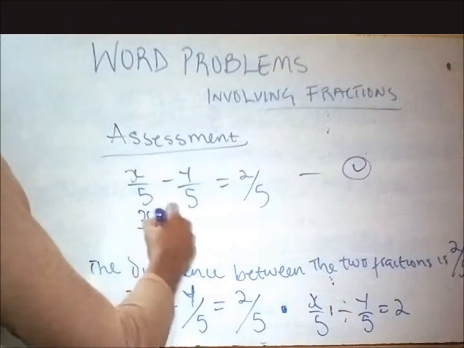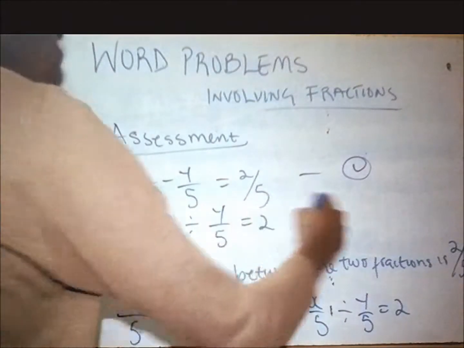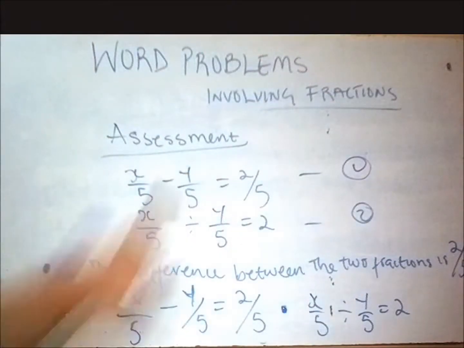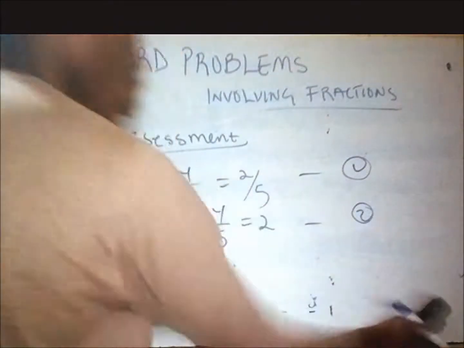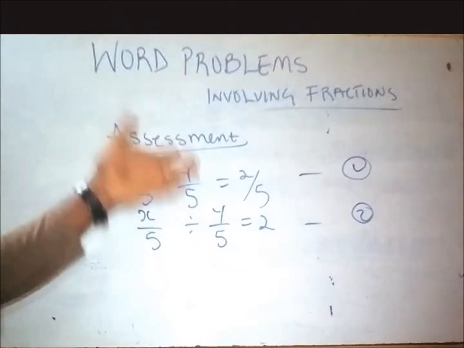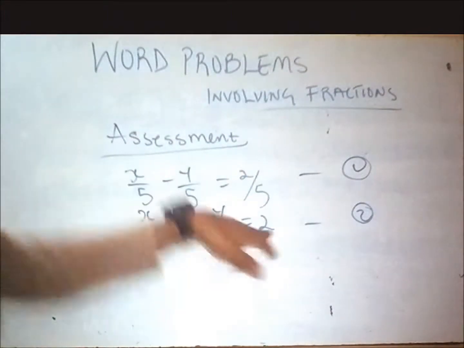So this one is x over 5 divided by y over 5 equal to 2. So this is the next equation. So let me just clean this off now. So this interpretation is the difference between the two fractions to give us 2 over 5. And if you divide those fractions, we get 2.